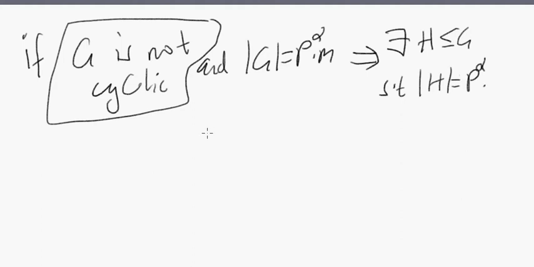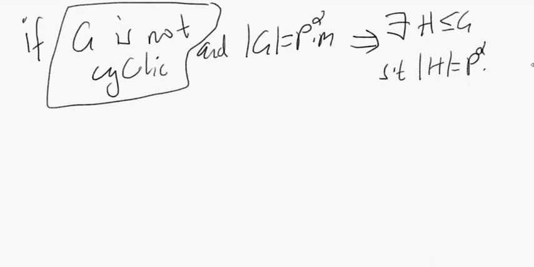One is we need to figure out what it means for the order of a group to be p to the alpha times m, and also we need to think about what the consequences are of saying that a group is not cyclic. And given this information, perhaps we can deduce a strategy that will help us prove that the order of H has to equal p to the alpha, right? So first let's try working in general.